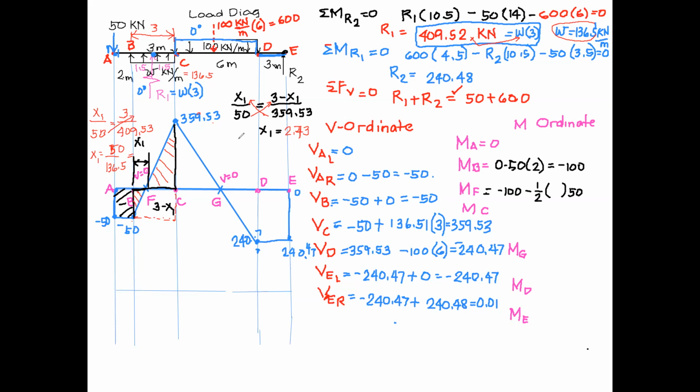Times 50. X sub 1 is to 50 as the whole length, 3 is to the whole height na 409. So this is baliktad.